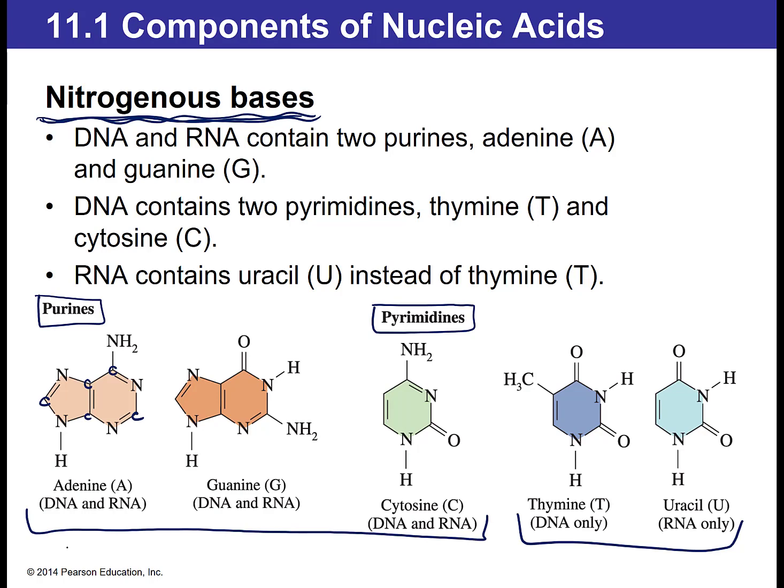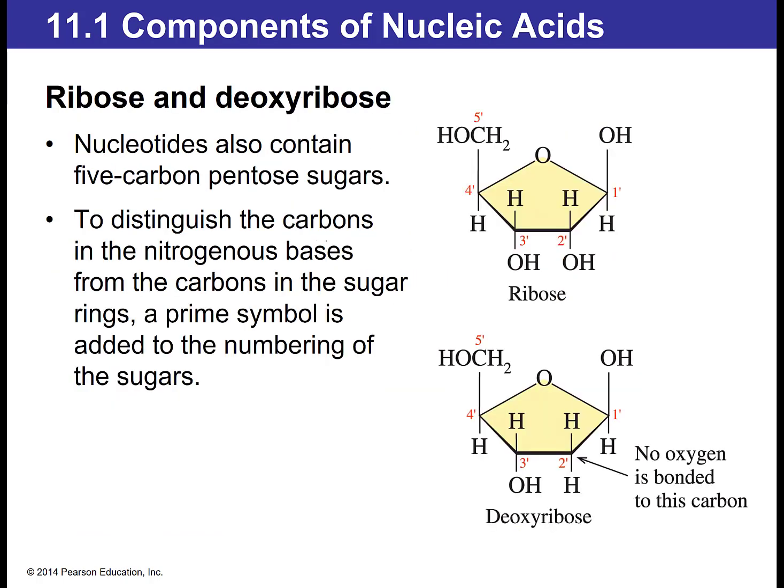So when you put these together, well, there's the sugars. Remember we looked at the ribose and deoxyribose. The only difference between ribose and deoxyribose is that ribose has an alcohol group on carbon 2. Deoxyribose does not. So its oxygen has been removed on carbon number 2. That's really the only difference.